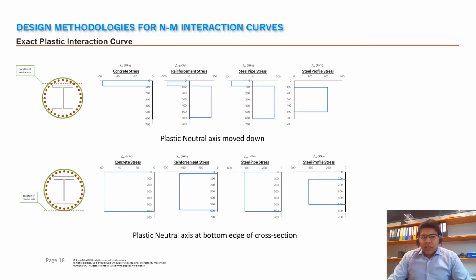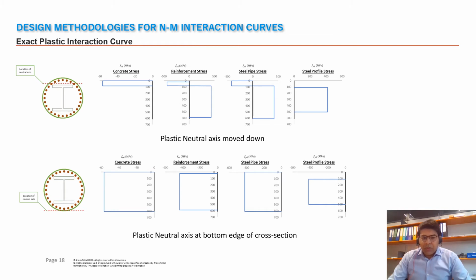And as we move this neutral axis across the cross section, we can generate the different stresses which are formed or generated on the cross section at that particular neutral axis.